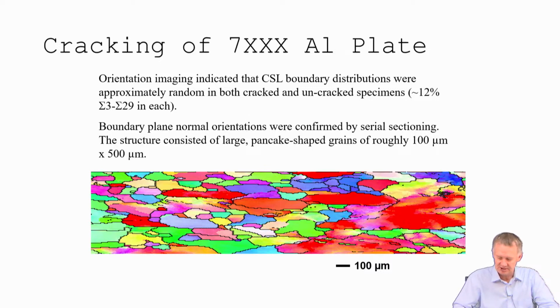So if you look at the orientation map for this, these are large grains. See the 100 micron scale bar? It's a really thick plate. It's been hot rolled. And if you look at the boundaries that are cracking, you don't get very much information if you're trying to define special boundaries. But as you look at a rolled structure, you know all your grains are pancake shaped.